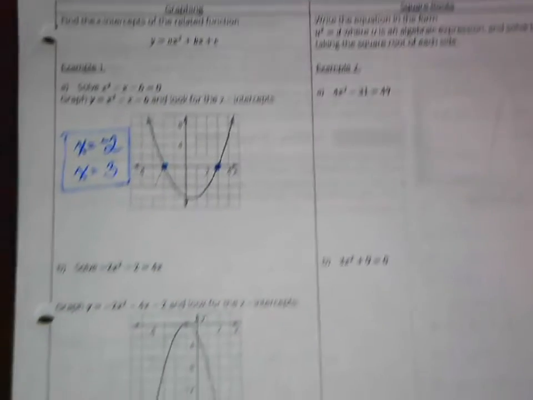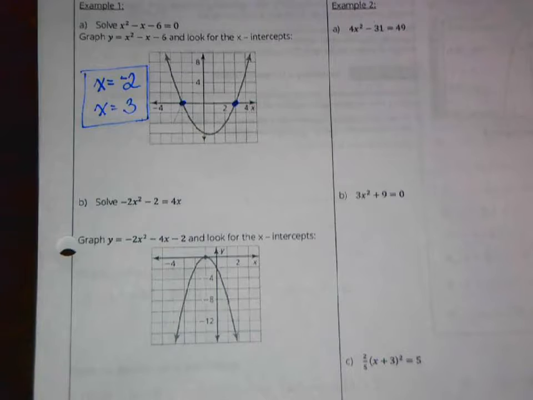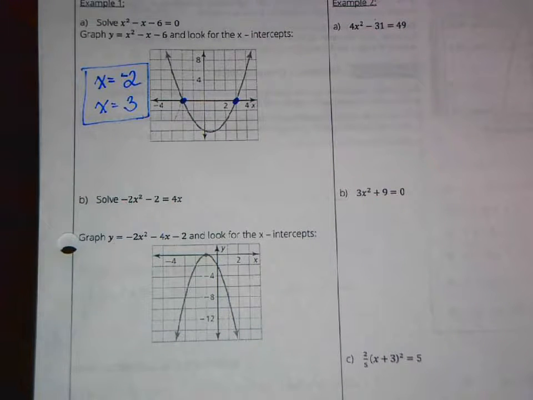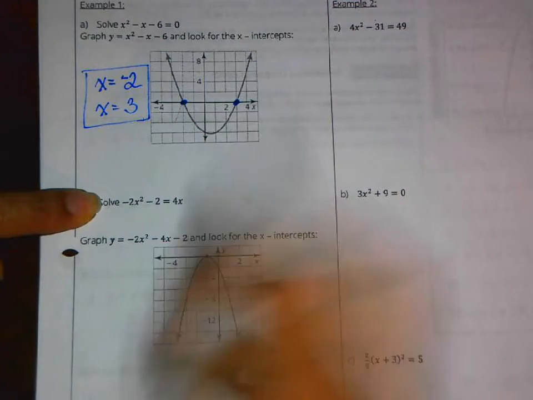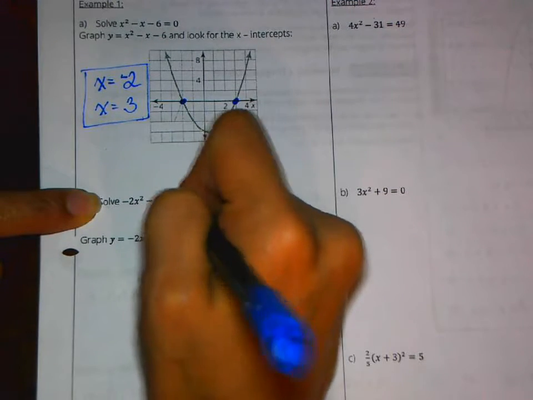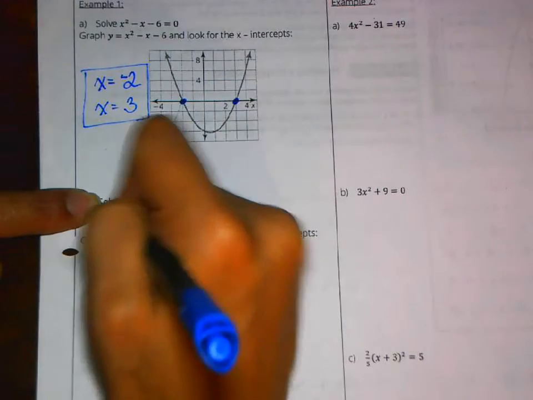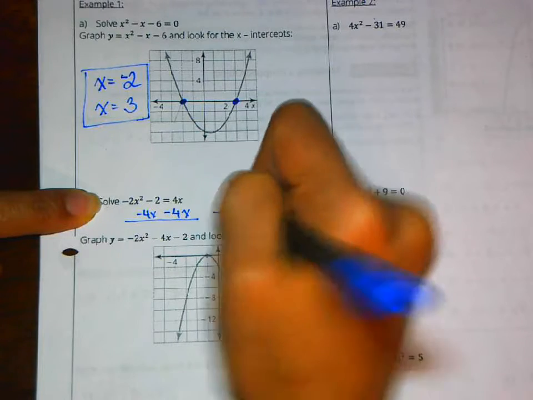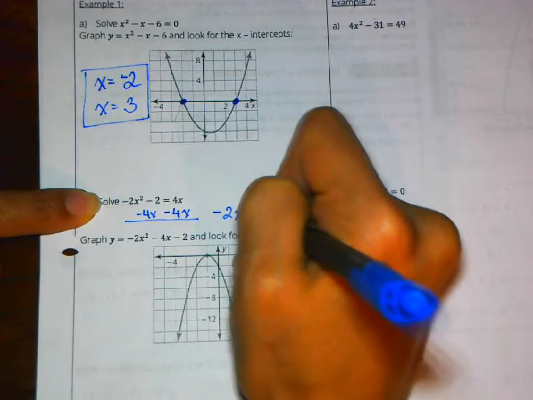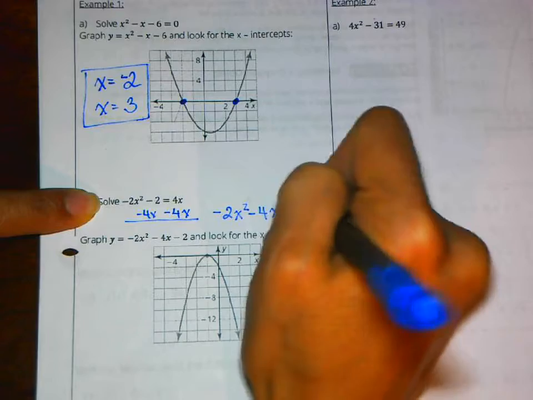If you're looking at, for example, your second example for part B, solve negative 2x squared minus 2 equals 4x. Remember that I always want to make it equal to 0 first, so I have to subtract 4x from both sides, and I'm going to rewrite it in standard form. Negative 2x squared minus 4x minus 2 equals 0.